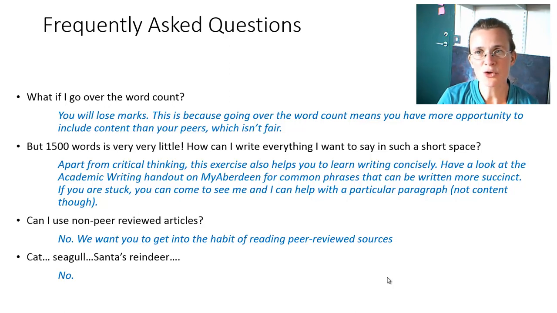Now I am also the writing person in the school. I provide help with essays and things like that. So if you are stuck how to write something in a concise way, then you can come to me with a particular paragraph and I can help you with that. I can't help you with content, obviously that wouldn't be fair, but I can help you with the actual writing of it.